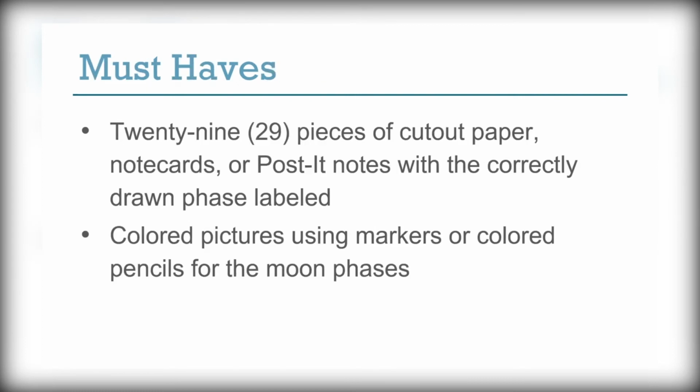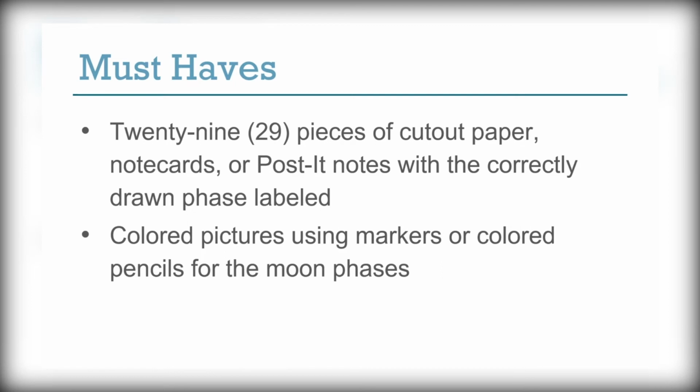The must-haves for your project. You will need 29 pieces of cutout paper, note cards, index cards, or post-it notes with the correctly drawn phases labeled. Now, I'm sure you're wondering, why do I need 29 pieces? In your research, you will find out why you need that many pieces of paper. I will not spoil it for you, but just know you will need 29 pieces.